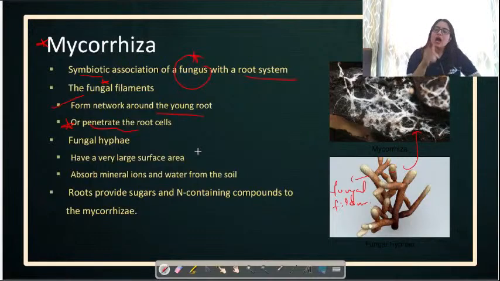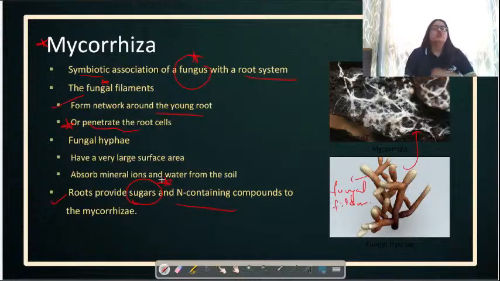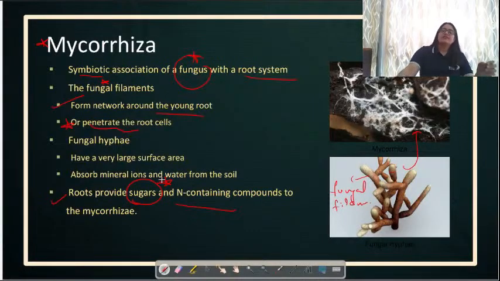Now let us see how the fungal filaments benefit from the roots. The roots provide sugars and nitrogen-containing compounds which are required for the growth of the fungal filaments, right? So this is a mutualistic relationship.